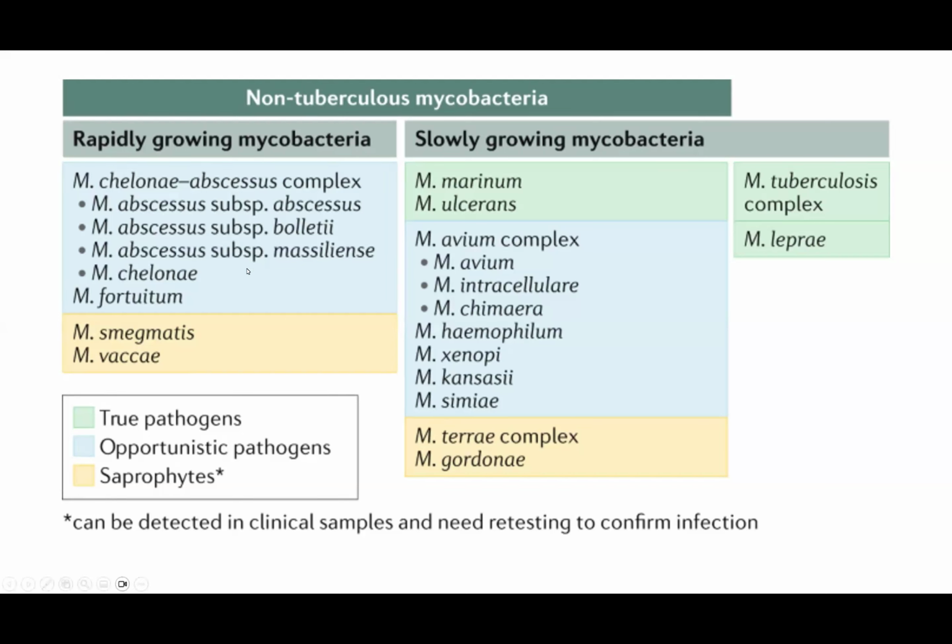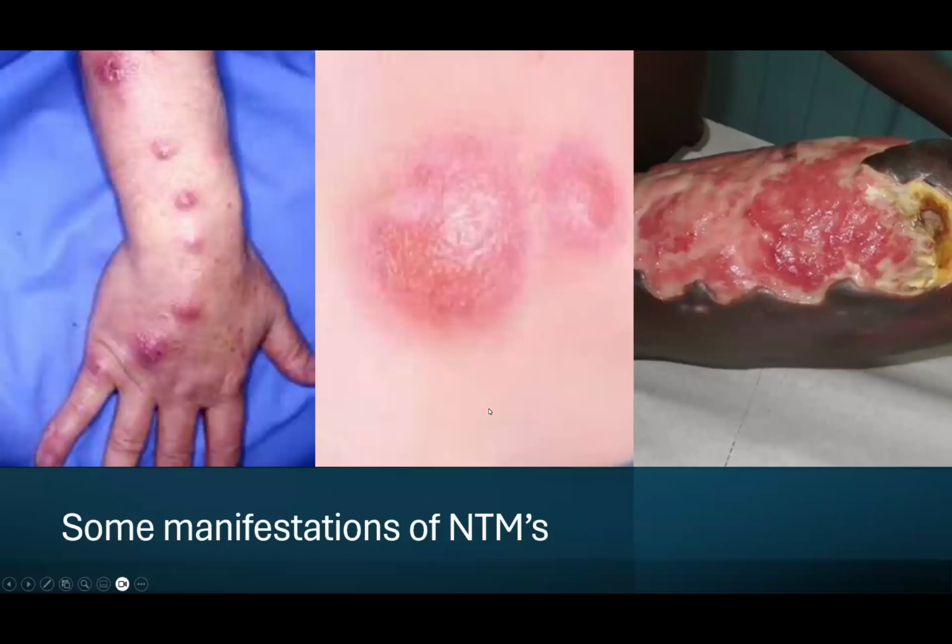Then the ones in blue, so MAC, sure we've all heard of, Kansasii, are opportunistic pathogens, so they take advantage of an immunocompromised host or someone with lung disease. And then the ones in yellow tend to just be environmental and are most likely contaminants and mean very little on a specimen.